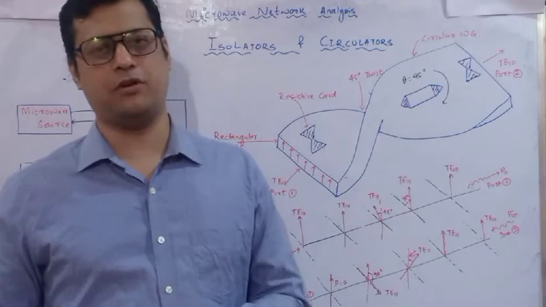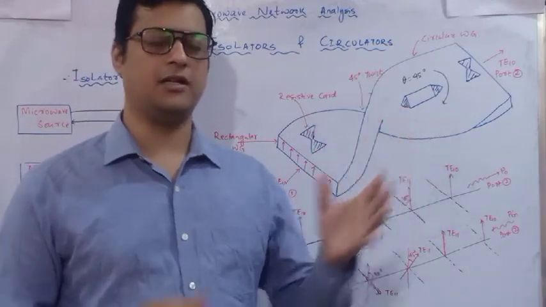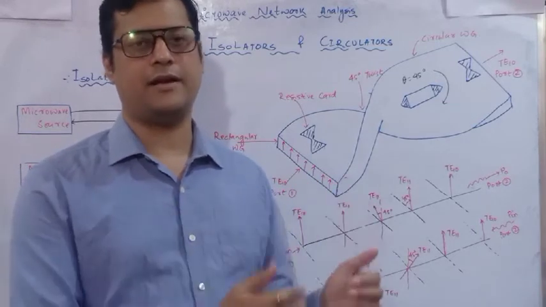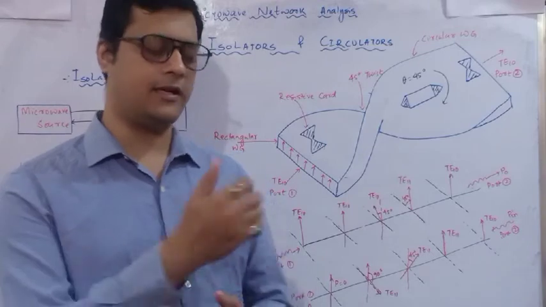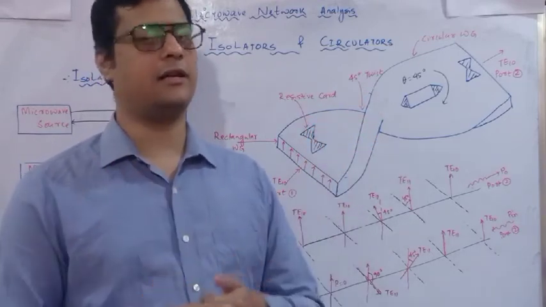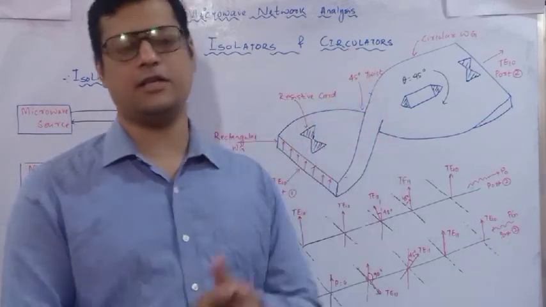Suppose I am providing the power at port 1, and none of the power is obtained at port 3. So port 1 and port 3 are isolated from each other. Similarly, port 2 and port 4 are isolated from each other.